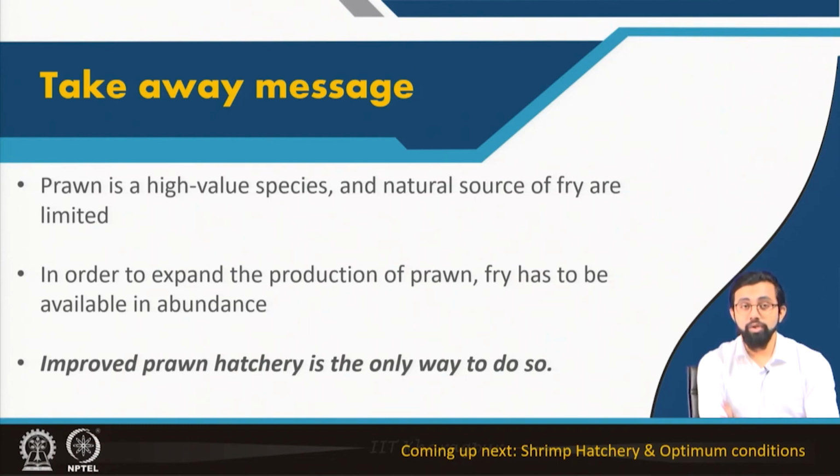And what is the only way of doing it? It is the improved prawn hatchery design. So we can design a proper prawn hatchery, which will definitely give us a way to collect fry sufficient for the requirement of the market.